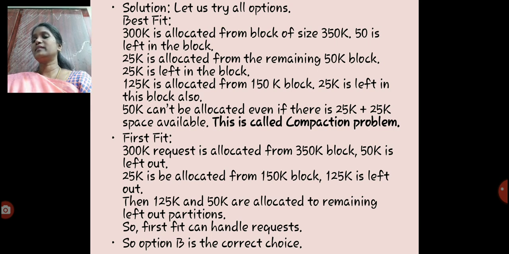So the next process of 125k is allotted to that 125k, which is left in the second partition, and the next 50k is allotted to the leftover 50k of the first partition. So everything is allocated. So for this particular sequence of processes, first fit works where best fit does not. This is the example, and in this example we have also explained what the compaction problem is.